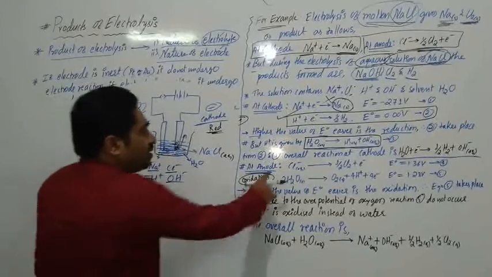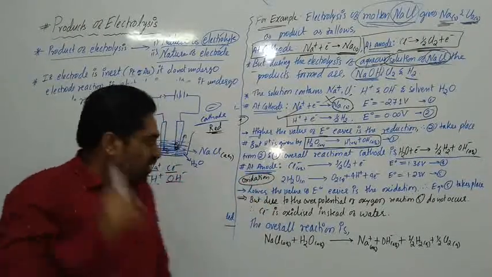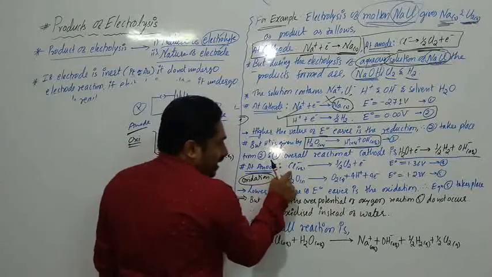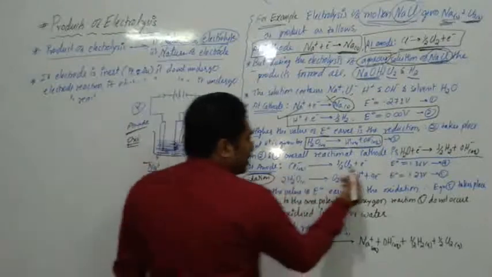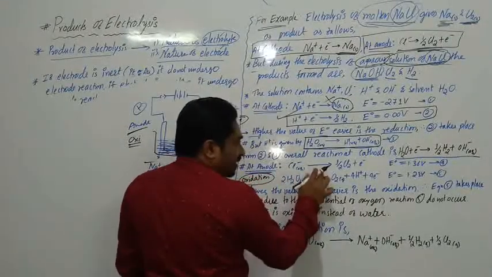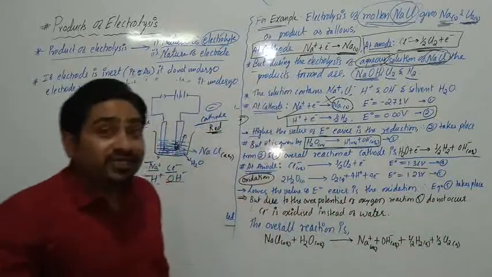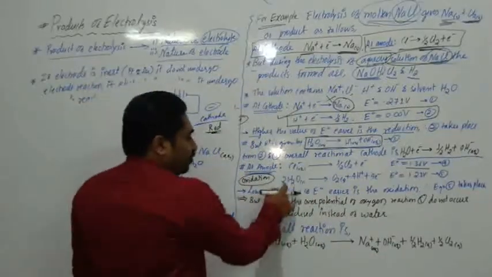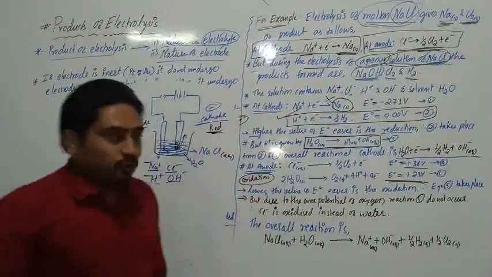For the first reaction, the electrode potential is 1.36 volt, and for the second reaction, the electrode potential is 1.23 volt.